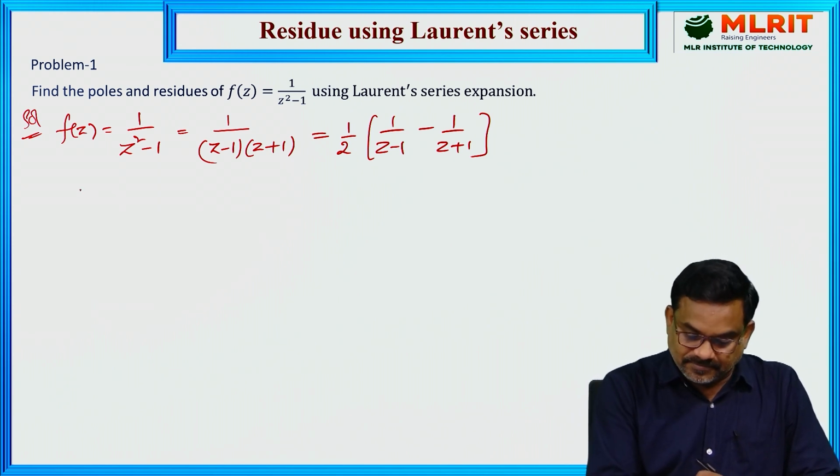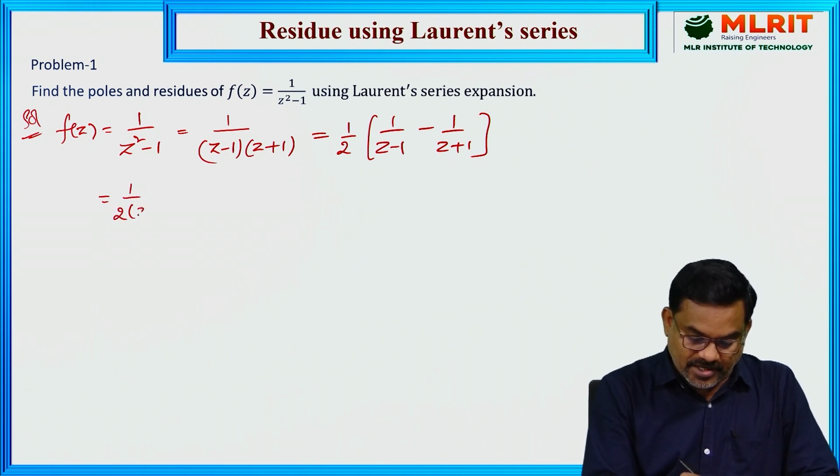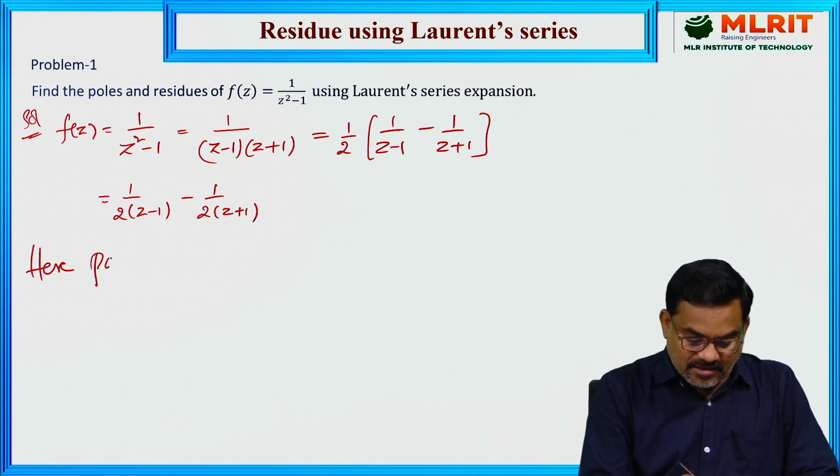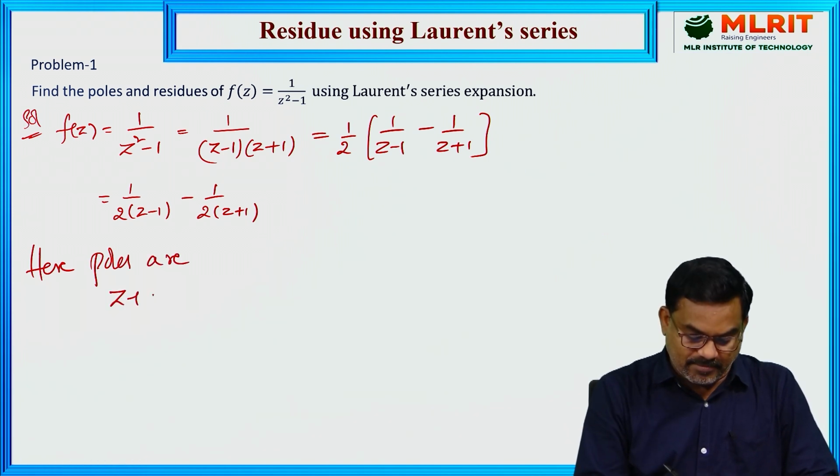So f of z is 1 by 2 into 1 by z minus 1 minus 1 by 2 into 1 by z plus 1. By equating the denominator to 0, we get z minus 1 into z plus 1 is 0.